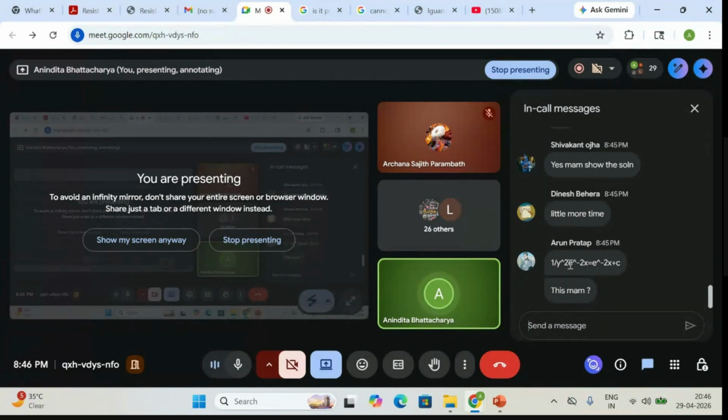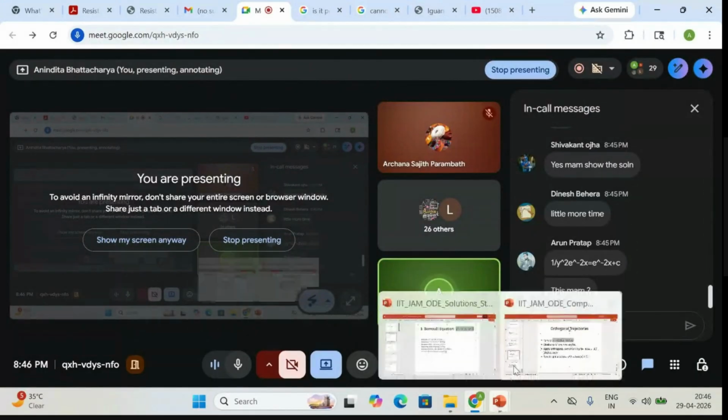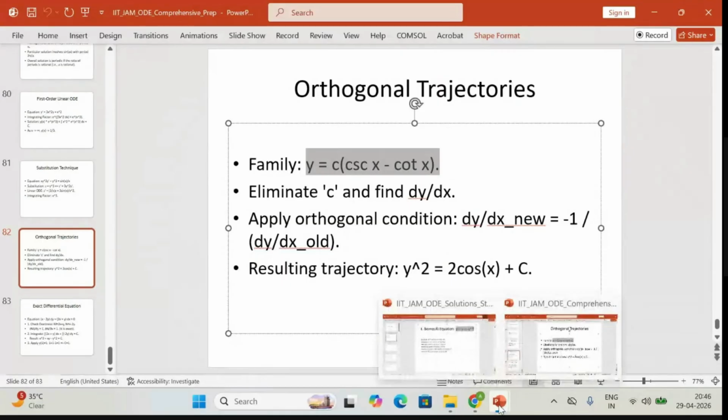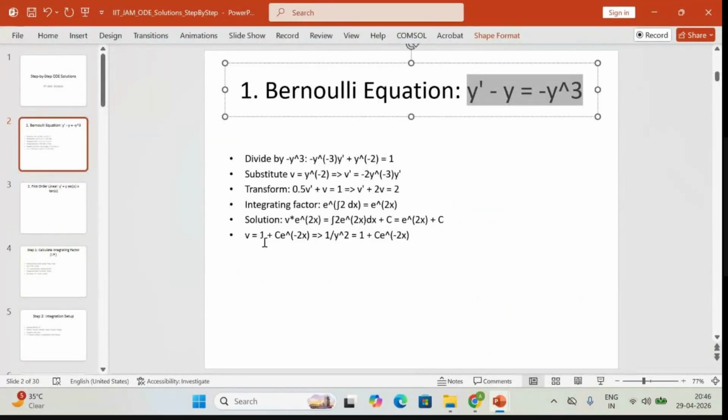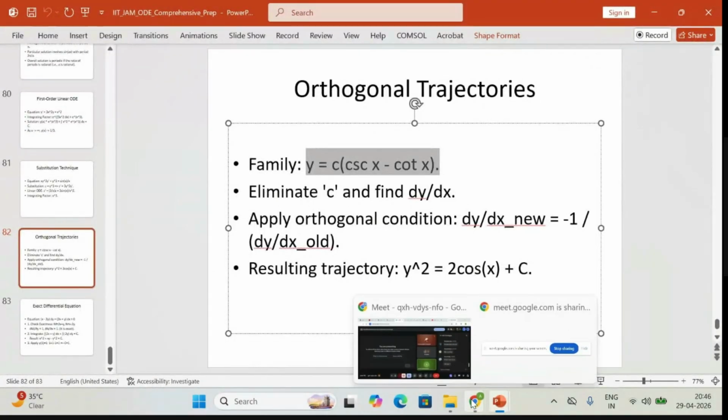I'm sorry, Dinesh. I did not read your message, and I showed the solution. Wait, 1 by y square equals 1 c e to the power minus 2x. Let me see.